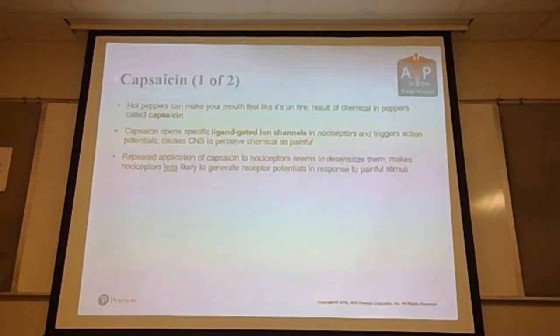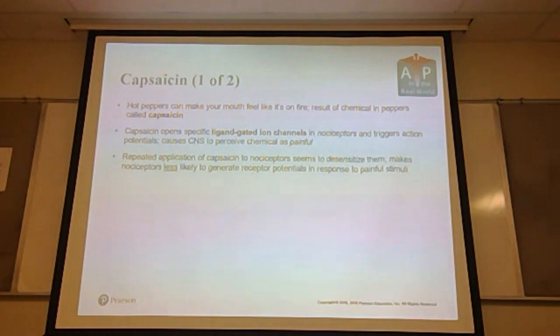Capsaicin, that's the product in hot peppers that makes you feel like your mouth's on fire. It opens very specific ligand-gated channels in the nociceptors, triggers action potentials, and is perceived by the central nervous system as painful.